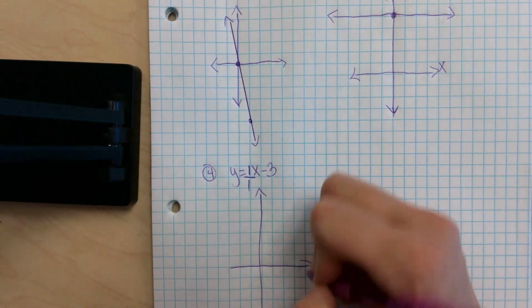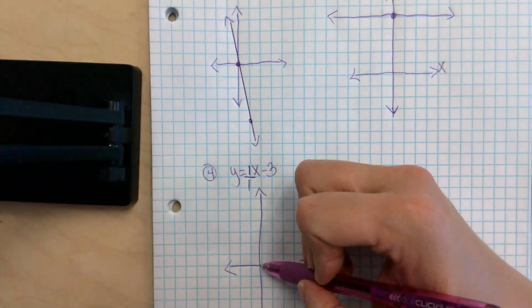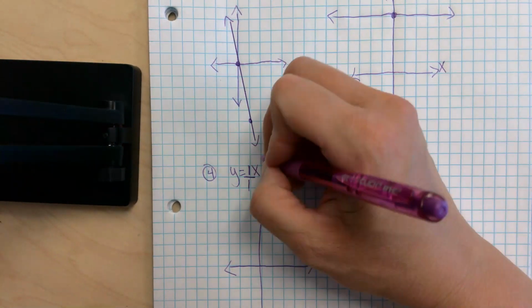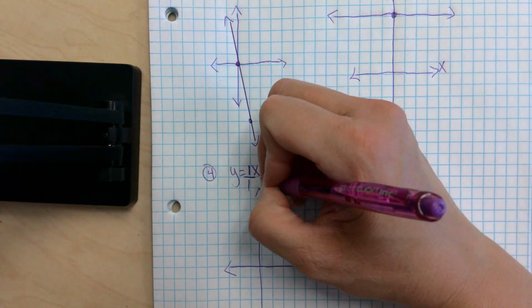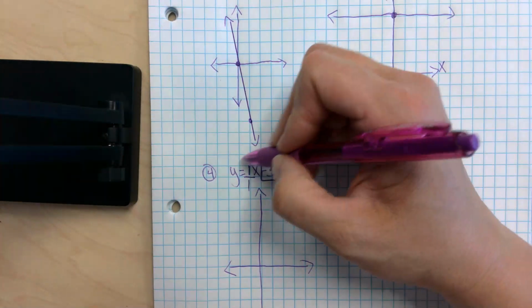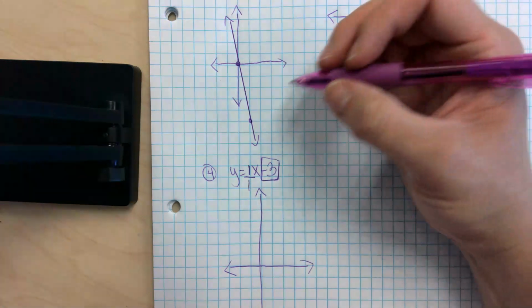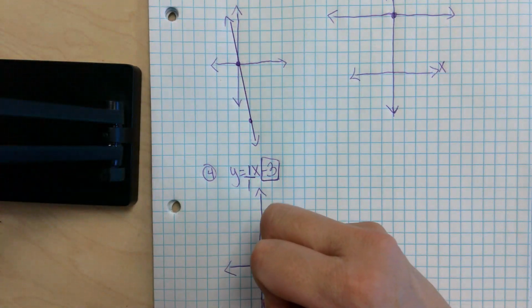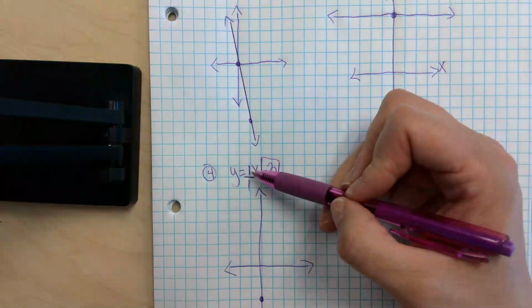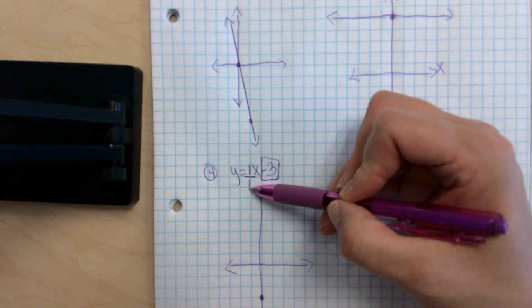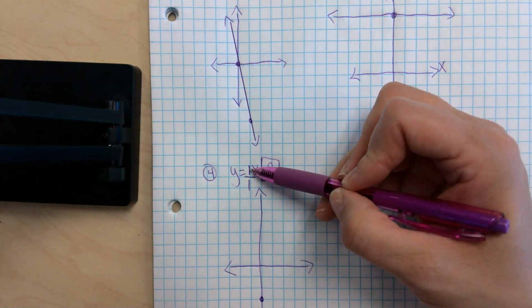Okay, and your lines, of course, will be much better than mine, but this is going to start right here at your b term, y equals mx, in this case, minus b. So we're going to start at negative 3. And then my slope is my direction to the next point, which is up 1 over 1.